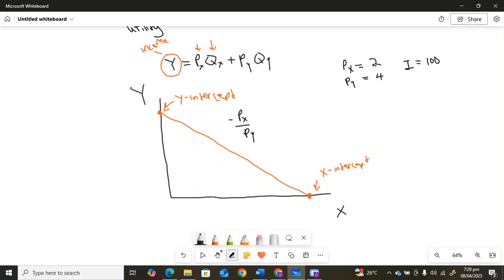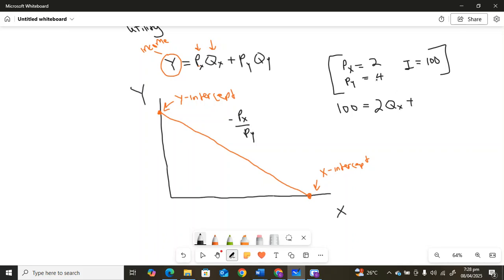All right. So with this information here, we can form a budget constraint equation. Where there is y, substitute it with 100 equals. Where there's Px, substitute it with 2. So here we have 2Qx plus.